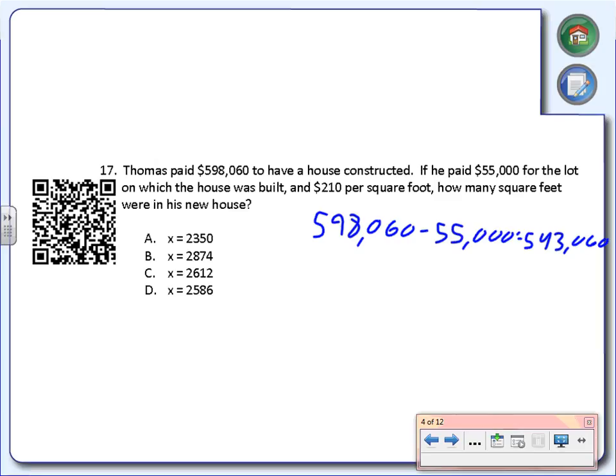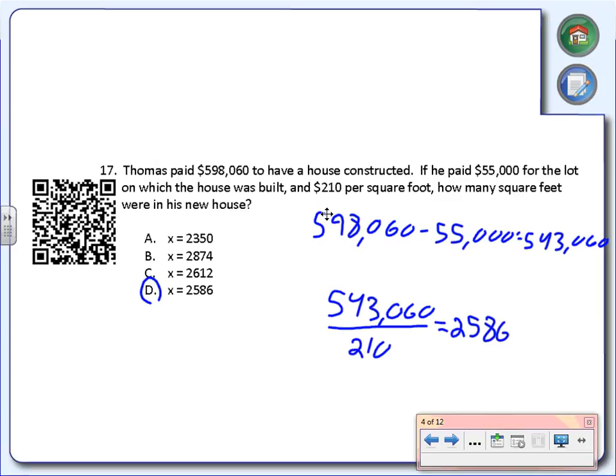I think that's what that is. Yeah, and what are we going to do with that? Divided by 210. Okay, very good. We're going to divide it by 210, which is how much they're charging per square foot. And it turns out that is what? 2,586. So very good. D was the correct answer.